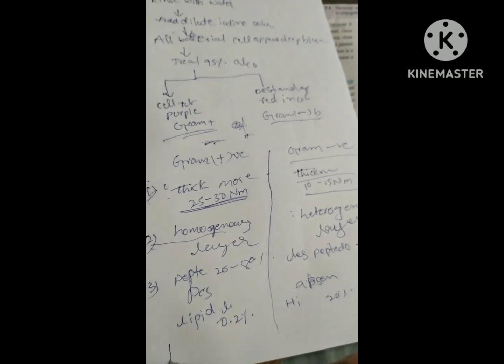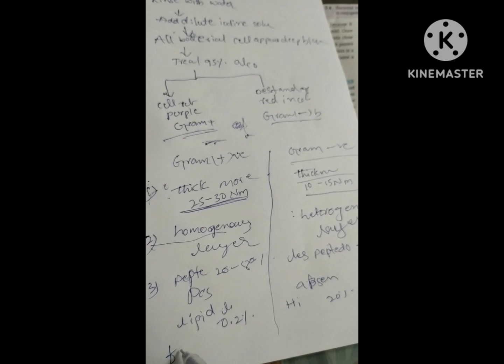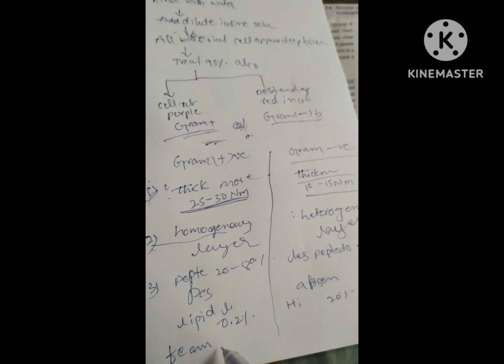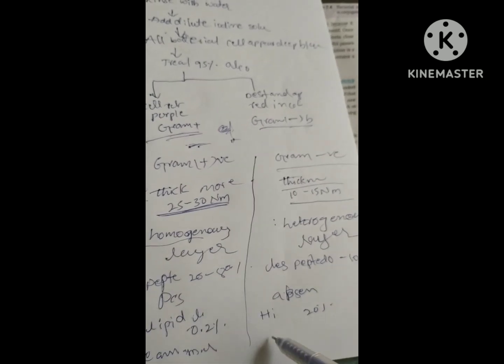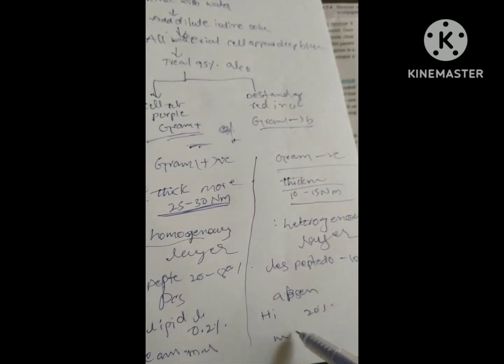In gram positive bacteria, only a few amino acids are associated with the muramic acid complex, whereas in gram negative bacteria, many amino acids are associated.